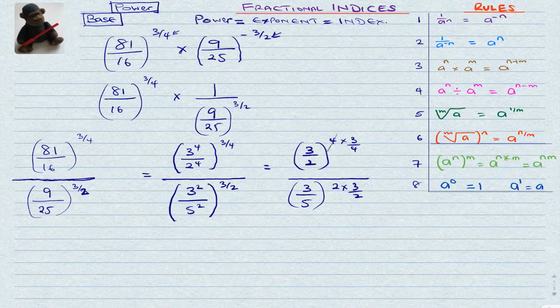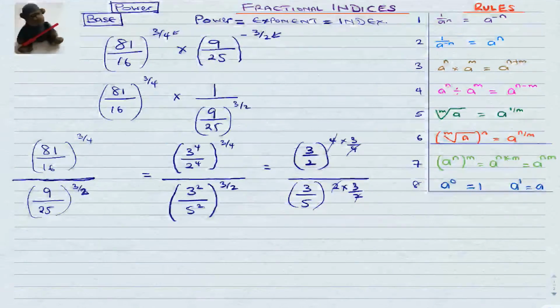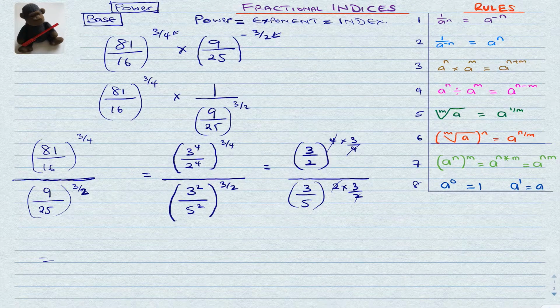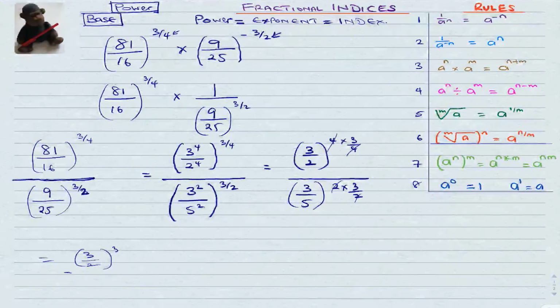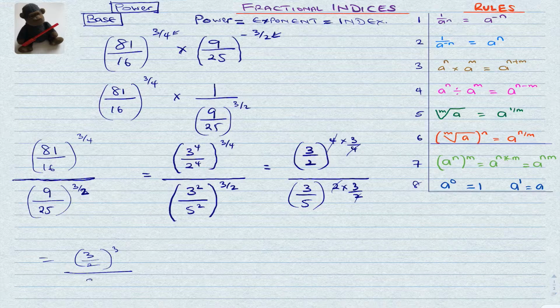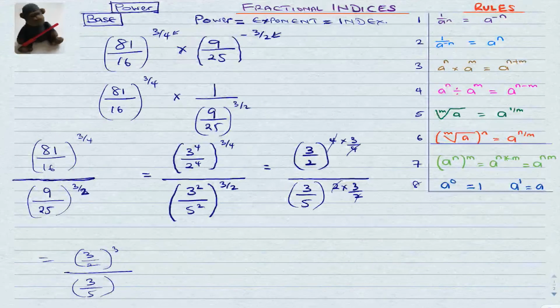So the 4, we cancel the 4, and the 2, we cancel the 2. So that's good. So we're now left with 3/2 to power 3 over 3/5 to power 3 as well.